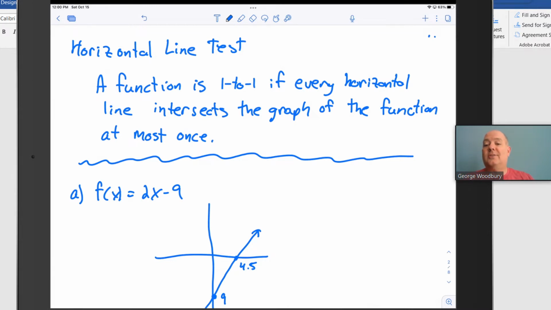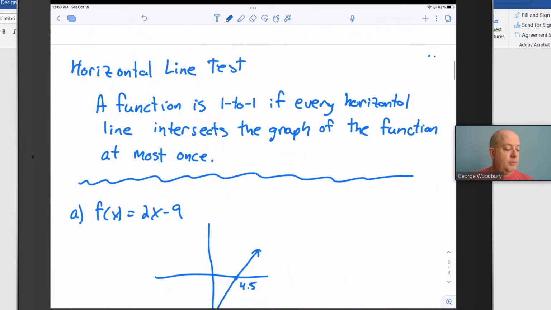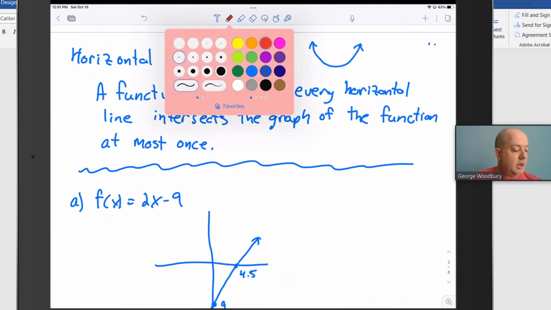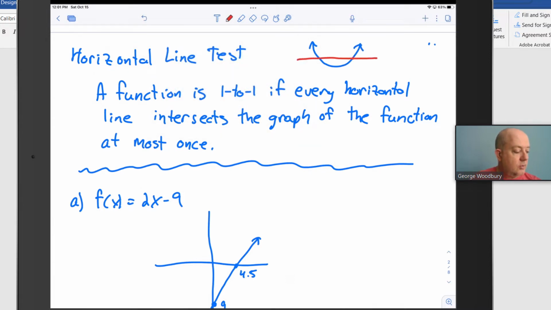The horizontal line test says that a function is one-to-one if every horizontal line intersects the graph of the function at most once. So let me just sketch a quick graph of a parabola here. And if we draw a horizontal line, we can see that in some cases, it will intersect the graph at two different points.